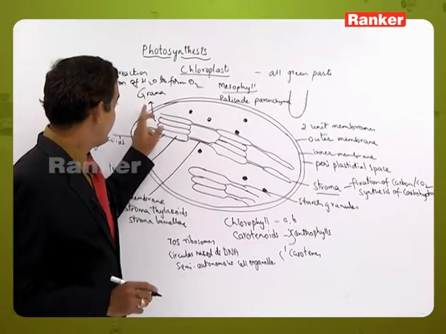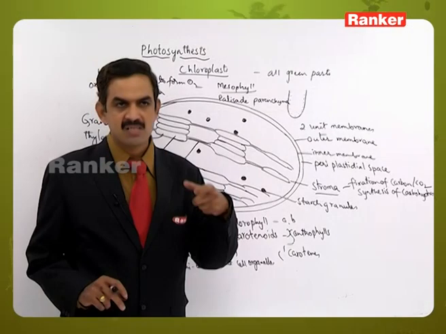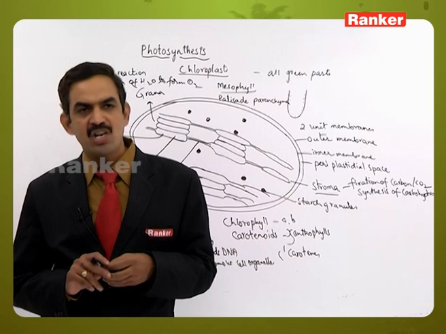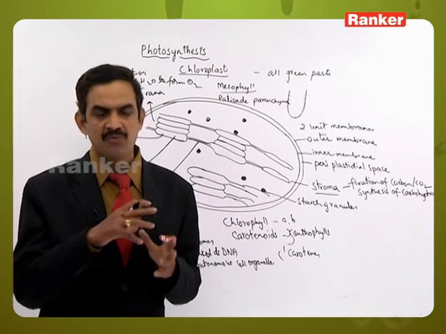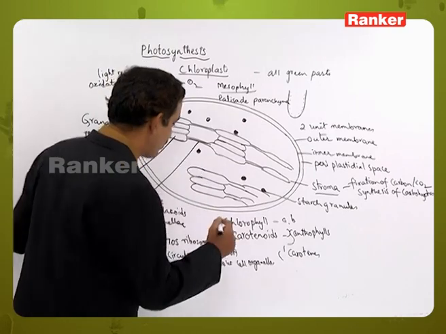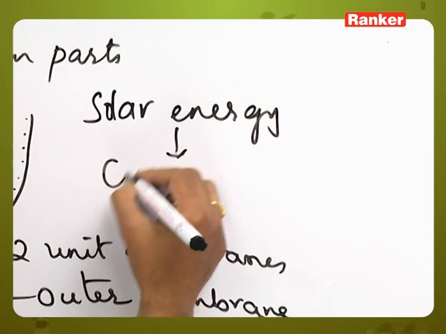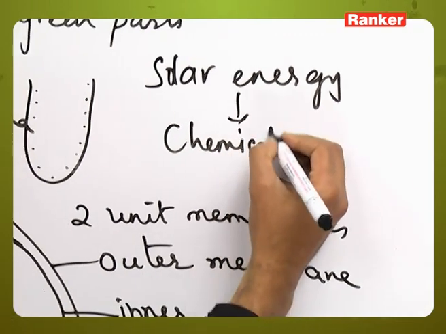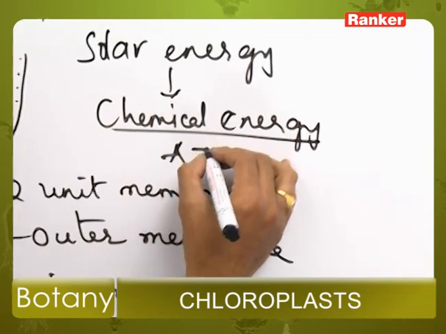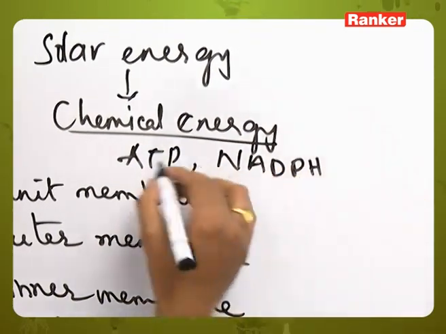In the grana, chlorophyll is concerned with the trapping of solar energy along with the carotenoids, and the solar energy is converted into chemical energy. The two forms of chemical energy are ATP and NADPH.